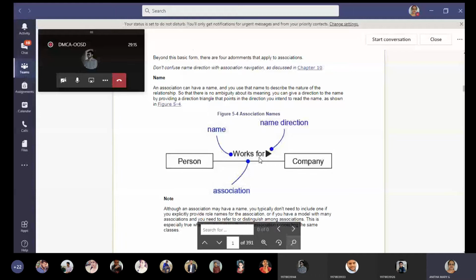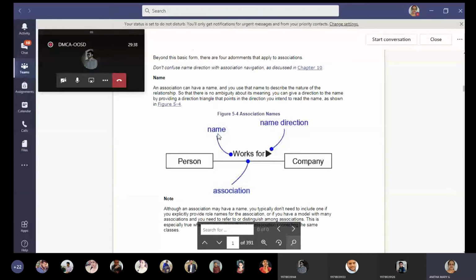That relationship is given by the name, so person works for company. This "works for" is the name given to the association.